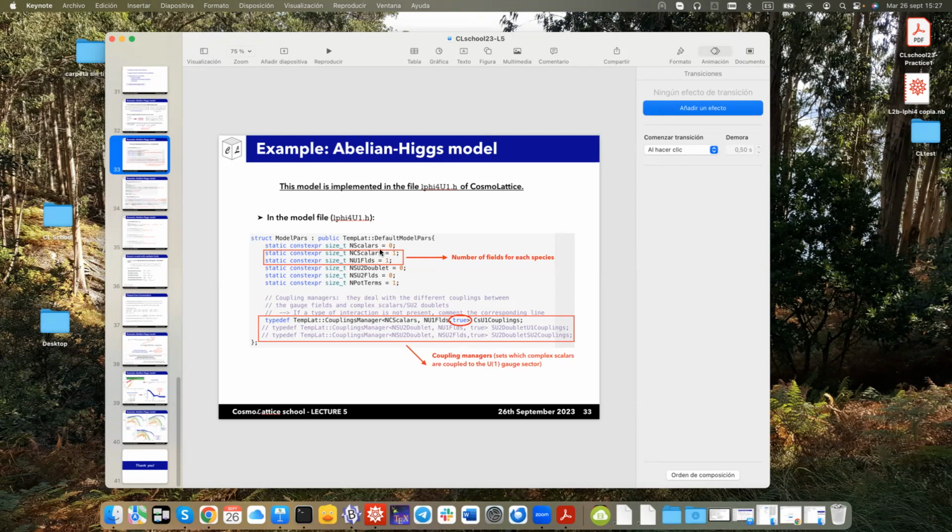I have received this question of how to simulate two abelian gauge fields instead of one. I was mentioning that in the model file, of course, he needs to change this U1 to 2, because you have two gauge fields.